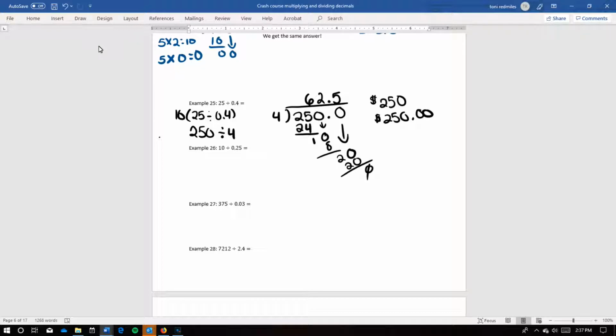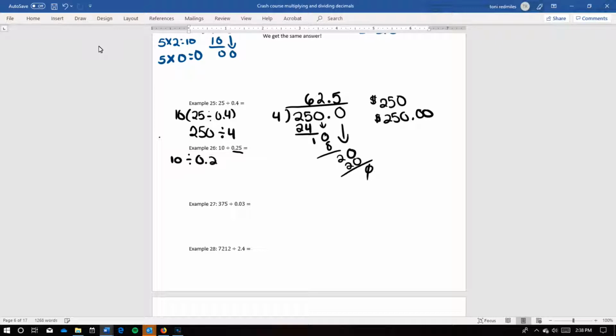This 0.25 is going to be on the outside of my problem. It's being divided into the 10. And I have to get that decimal out. So right now it has a hundredths place. The 2 is in the tenths place, the 5 is in the hundredths place, so the last place value is the hundredths place. To be able to get rid of that decimal, I have to multiply it by that place value.